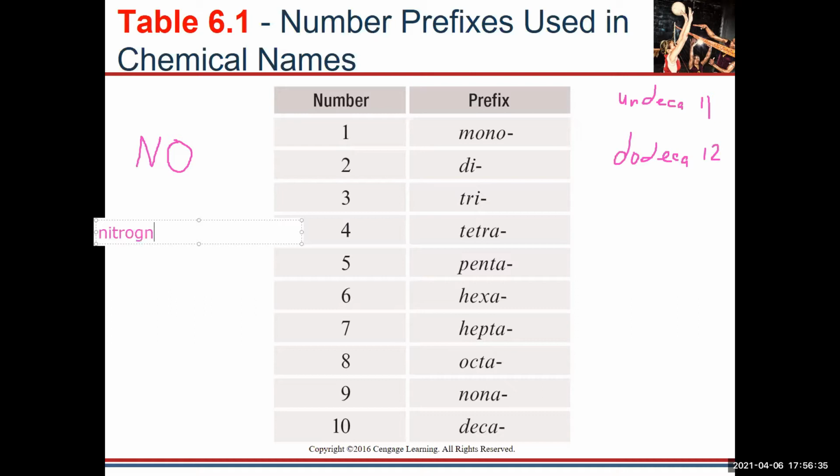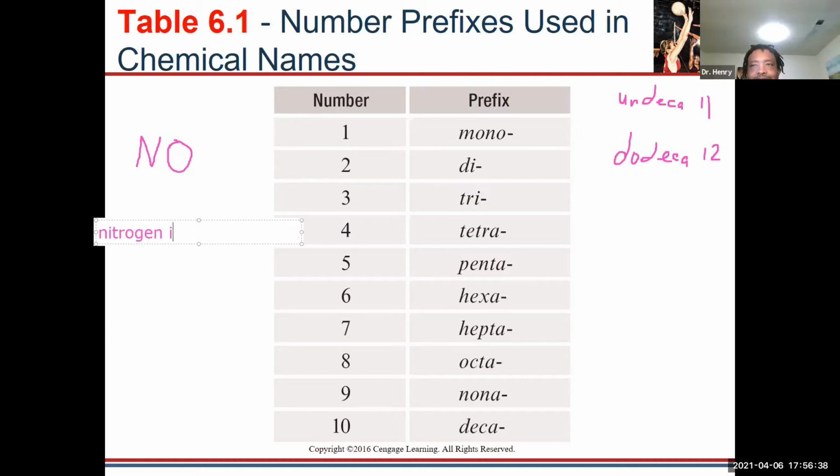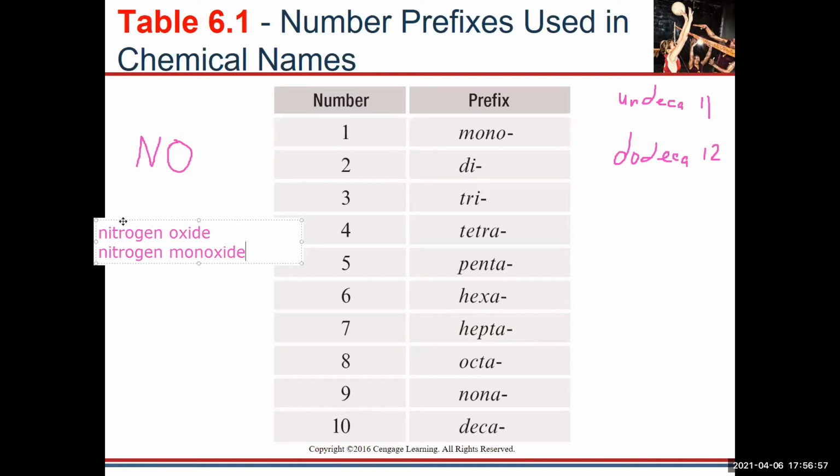We'd call it nitrogen oxide. Or we would call it nitrogen monoxide. Either way is fine.